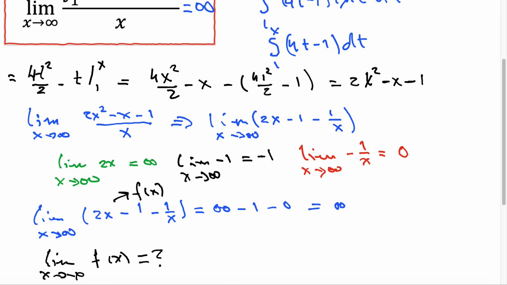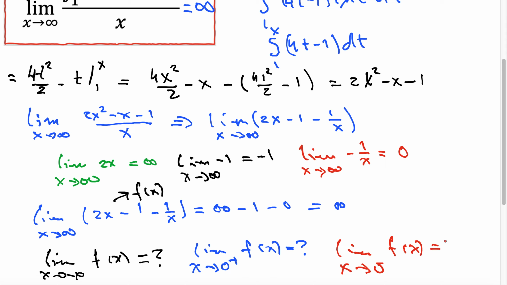And the other thing is, for example, the limit as x approaches 0 from the right side of f of x, you can verify what it is. And the other limit, as x goes to 0 from the left side of f of x, is equal to what? You can verify those results, and you can find the right result with the same method we used here.